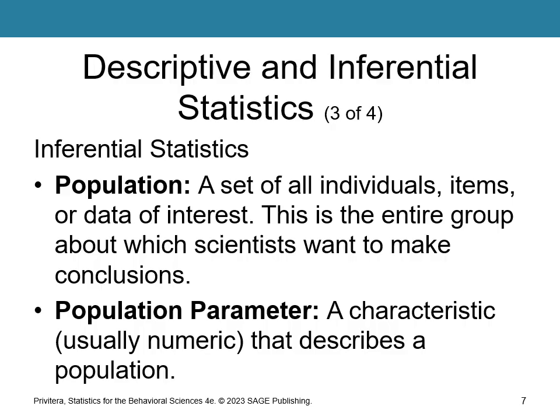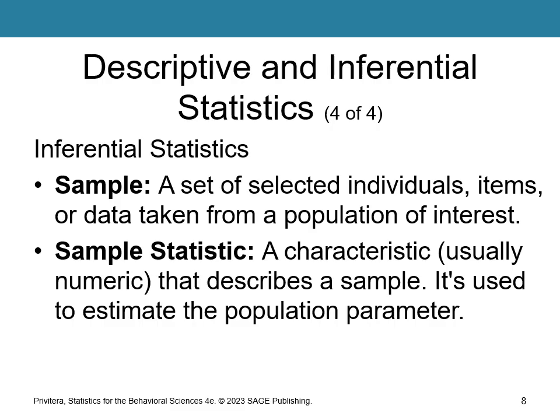Here's the problem. You almost never have access to the entire population. You can't ask every person in America their opinion. You can't measure the health outcomes of every patient. So what do you do? Since we can't access the whole population, we select a sample, a smaller group from the population.